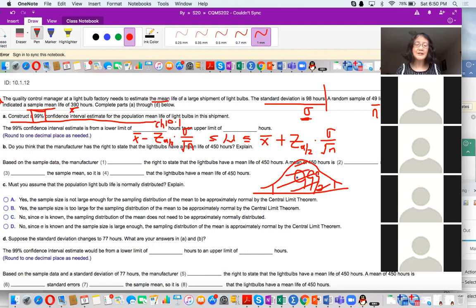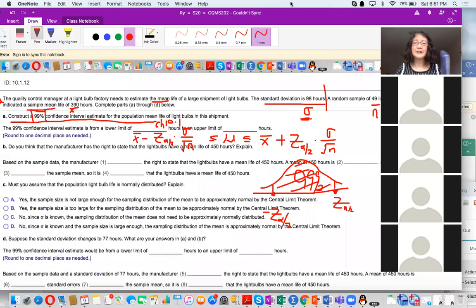Once you are given this area, there are 2 points fixed. This is 1 point, Z half alpha. And there is another point, negative Z half alpha. Okay, how do I find those 2 points?